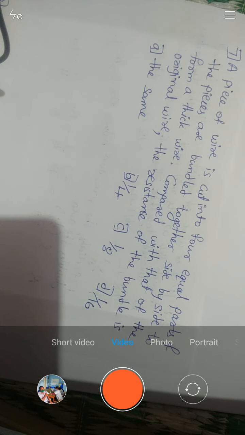So the piece of wire is cut into 4 equal parts and the pieces are bundled together side by side to form a thick wire. Compared with the original wire, you should find the resistance of the bundle.